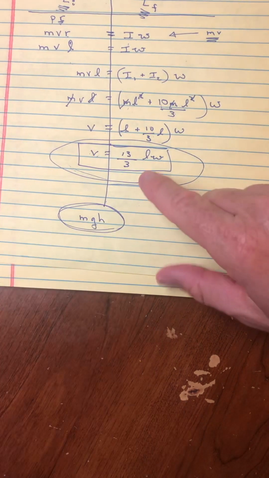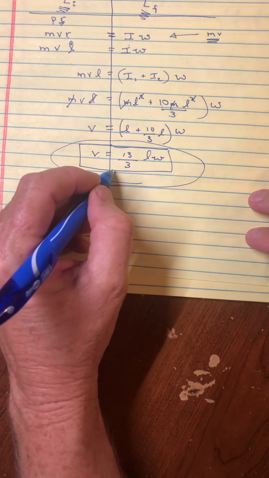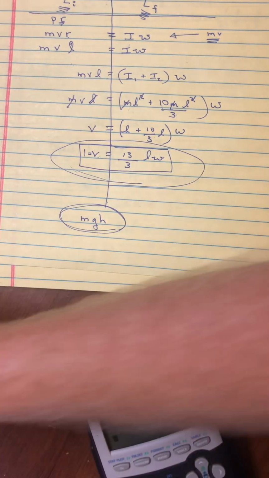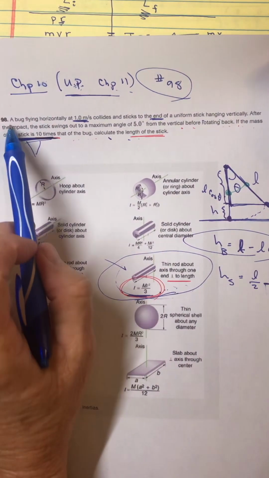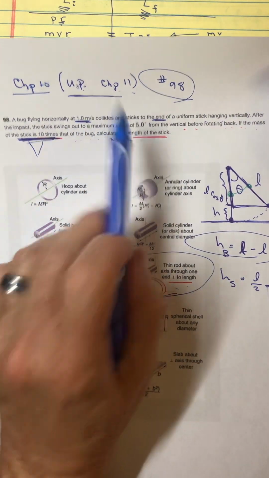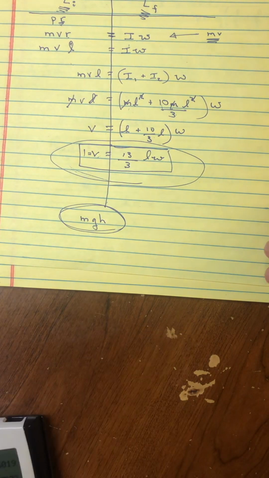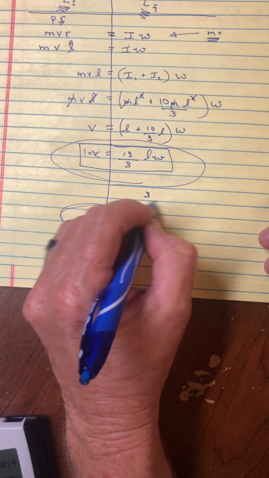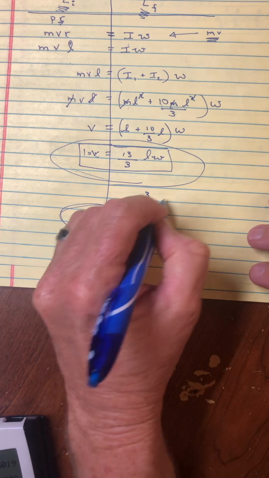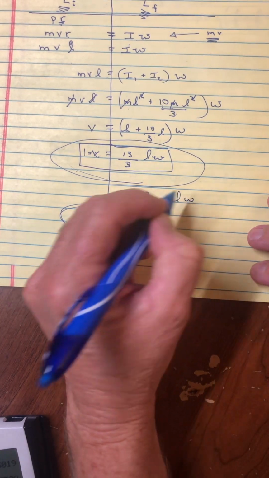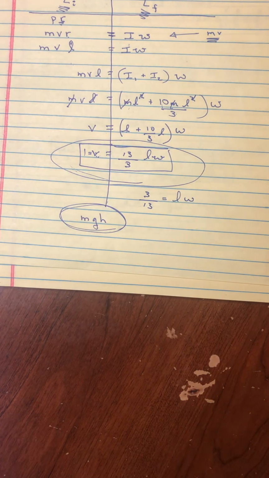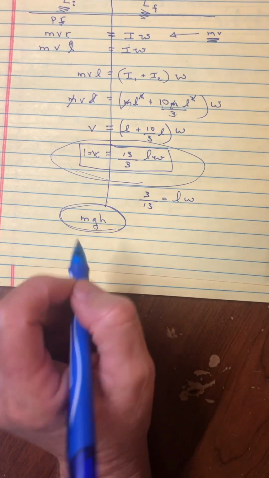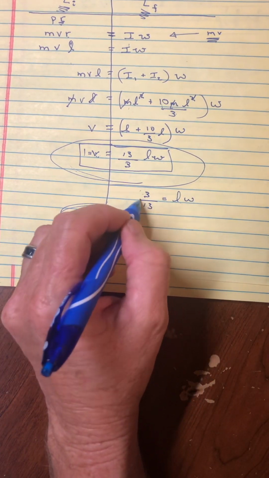Now, let me come back over to this one and put some numbers in here. Remember, this initial speed is 1, I believe. Let's check with the problem. Yeah, a bug flying horizontally at 1 collides. Because putting that at 1 and then moving the 3 over, and also the 13, gives me a statement that these two multiplied together is 3 over 13.